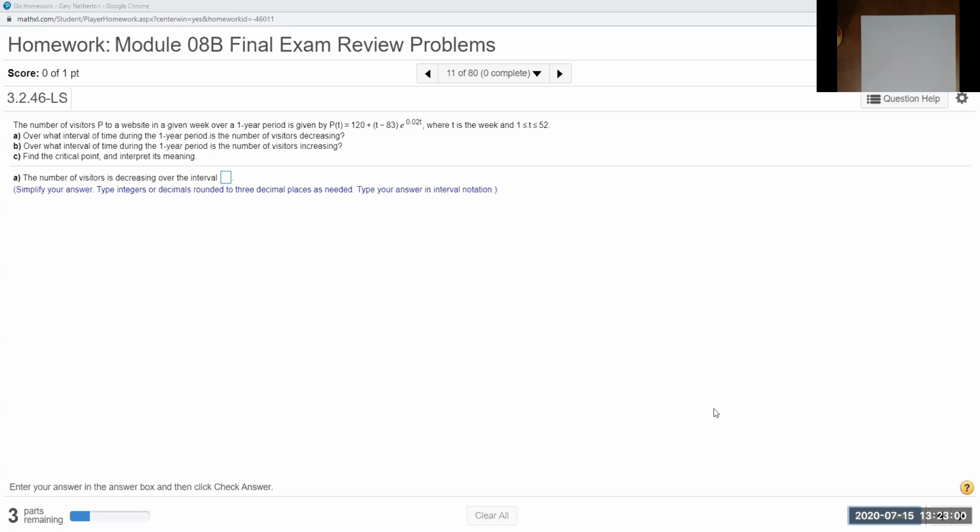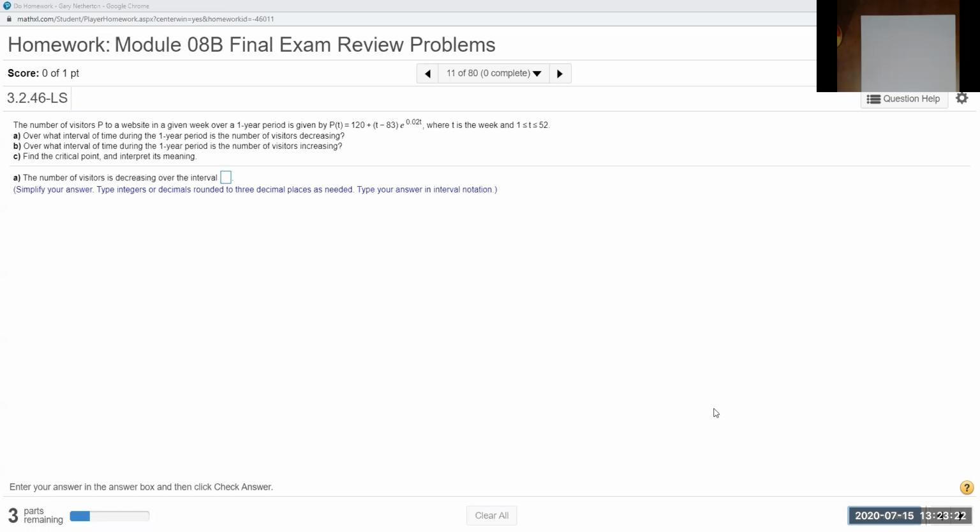The first question asks which weeks the number of visitors is decreasing, which weeks it is increasing, and whether there's a critical point, like a max or a min, and what does that mean?